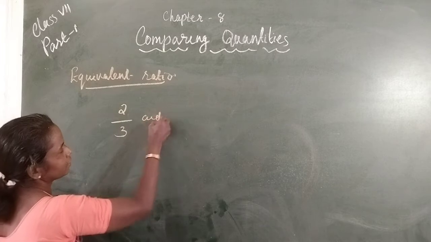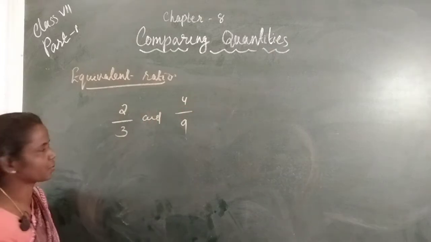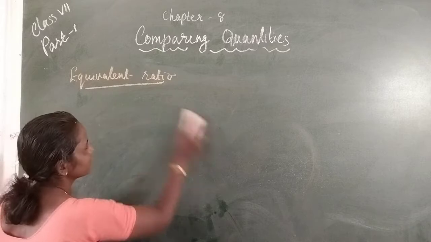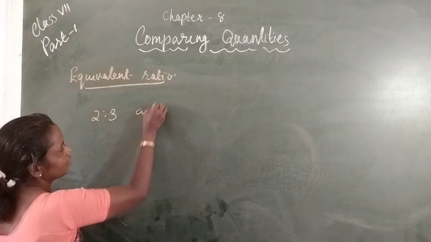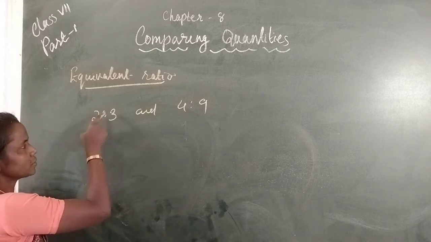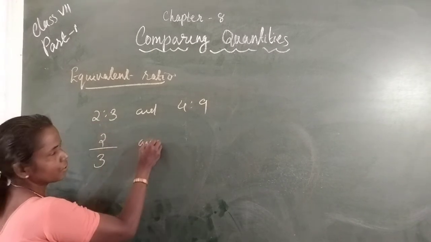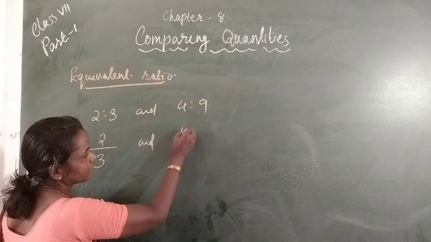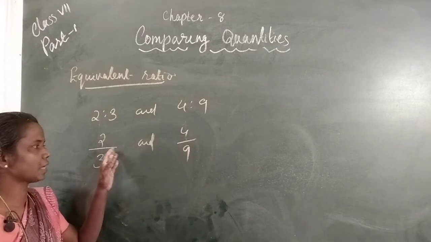Compare 2:3 and 4:9. This 2:3 we can write as 2/3 and 4:9 we can write as 4/9. Then first we convert into like fractions.